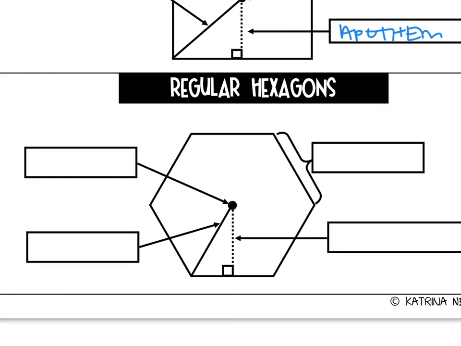Same thing goes for a hexagon. We have a center, radius, apothem, and side.